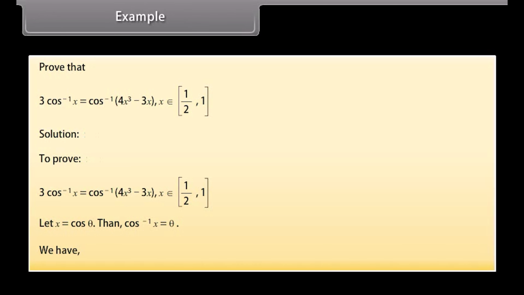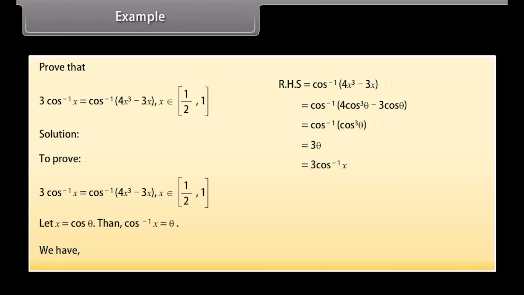We have the right hand side equal to cos inverse of 4x cube minus 3x, which is equal to cos inverse of 4 cos cube theta minus 3 cos theta, which is equal to cos inverse of cos 3 theta, which is equal to 3 theta, which is equal to 3 cos inverse x, which is equal to the left hand side. Hence, 3 cos inverse x is equal to cos inverse of 4x cube minus 3x, x belongs to 1 by 2, 1.